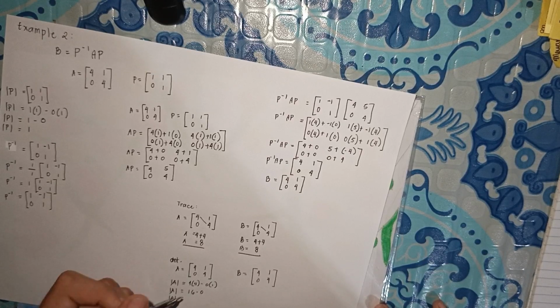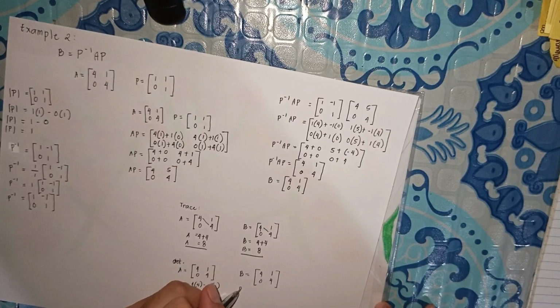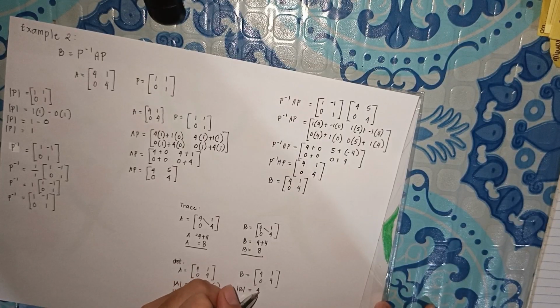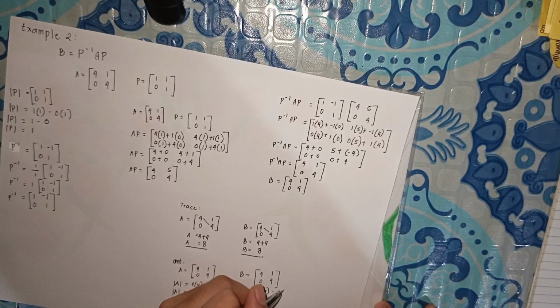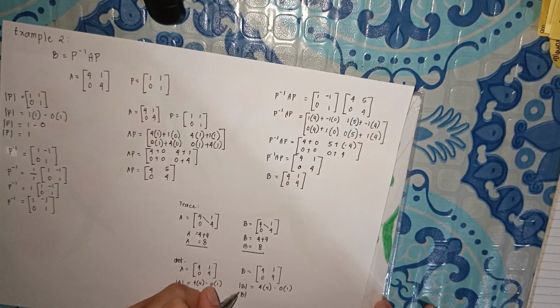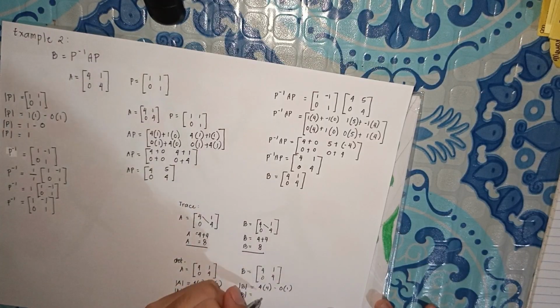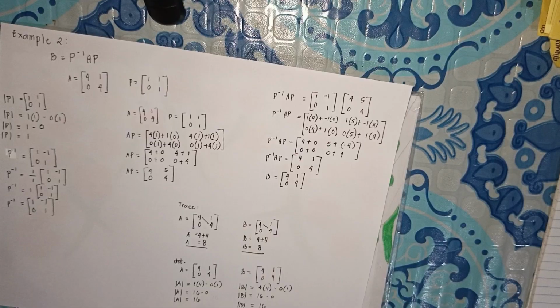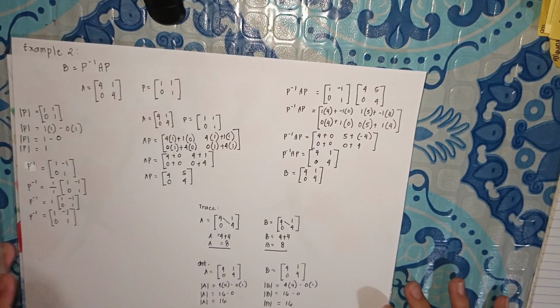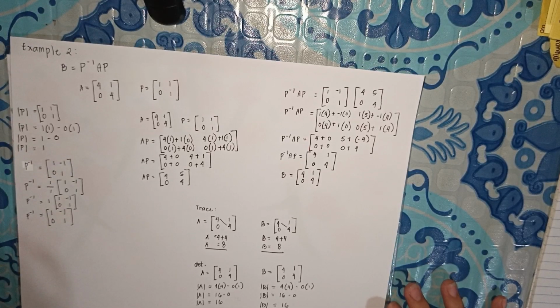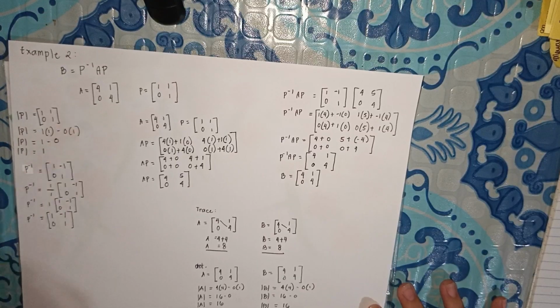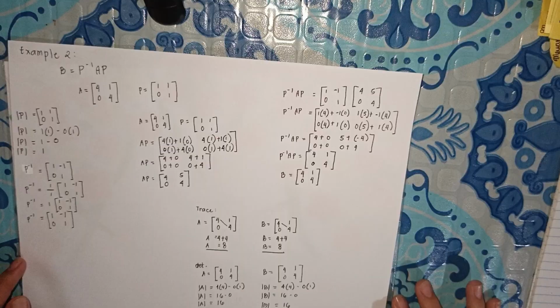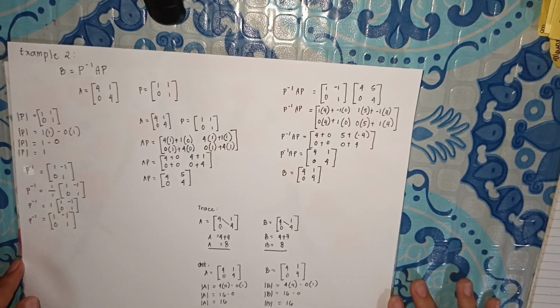So, the determinant of matrix A is 16. Then B is 4 times 4 minus 0 times 1. 4 times 4 is 16 minus 0 times 1, 0. So the determinant of matrix B is also 16. So they are the same. So our matrix A and matrix B are similar. Okay? Understood?